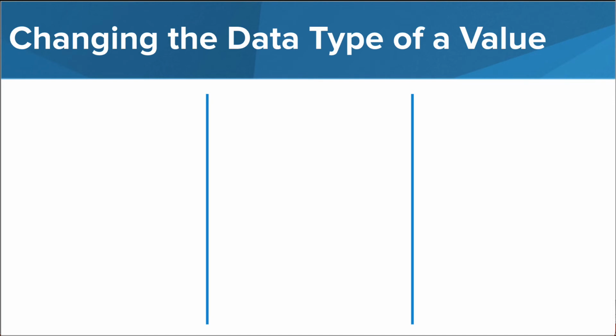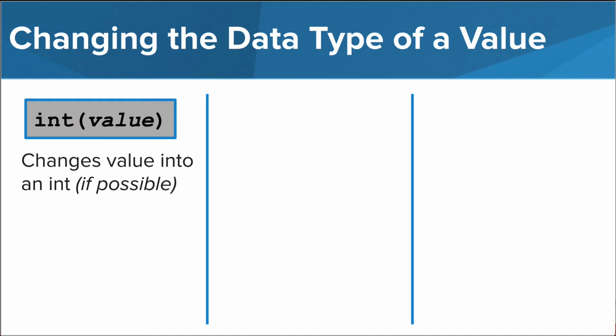One last thing that will be helpful to know is that we can actually change the data types of values using something called casting. Casting allows us to take a value of a specific data type and turn it into the data type we want. If we have a value that we want to use as an integer, we can surround the value in parentheses and use the int command to change the value to an int, as long as it is possible.